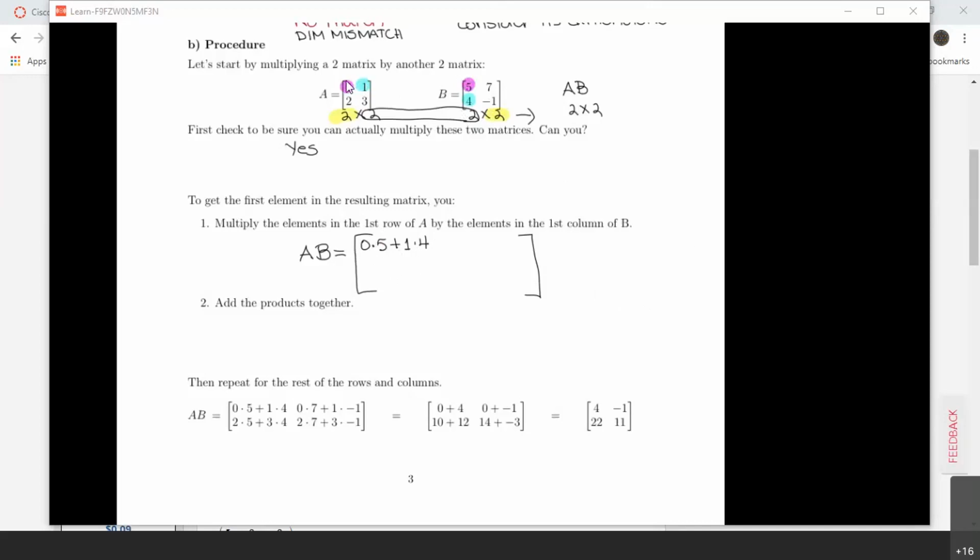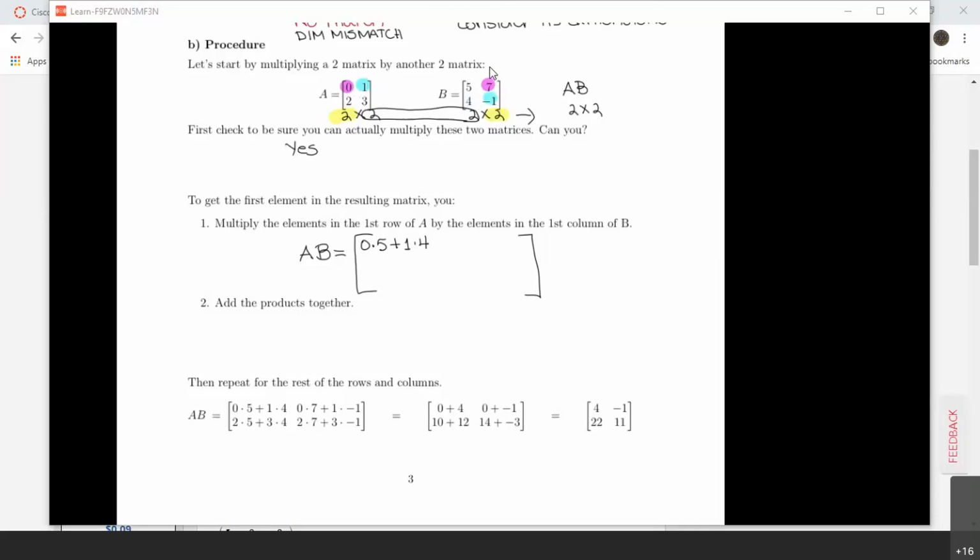Now I'm going to stay going across this row, but I'm going to move to the second column. So that means I'm going to multiply the 0 by the 7, and then I'm going to multiply the 1 by the negative 1. Notice it's going where these two rows would cross if I overlaid them on the product.